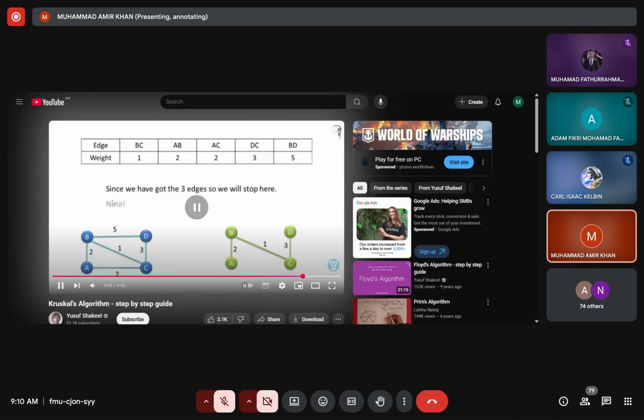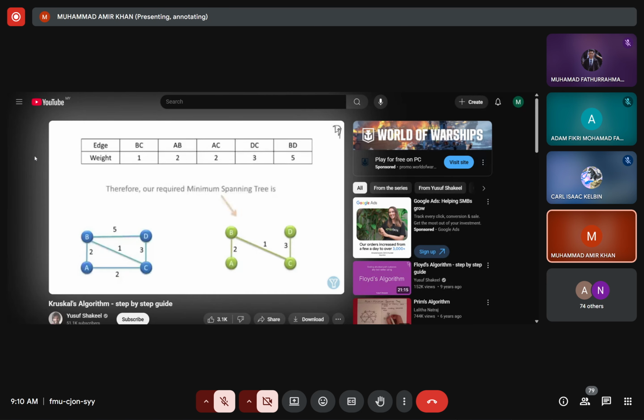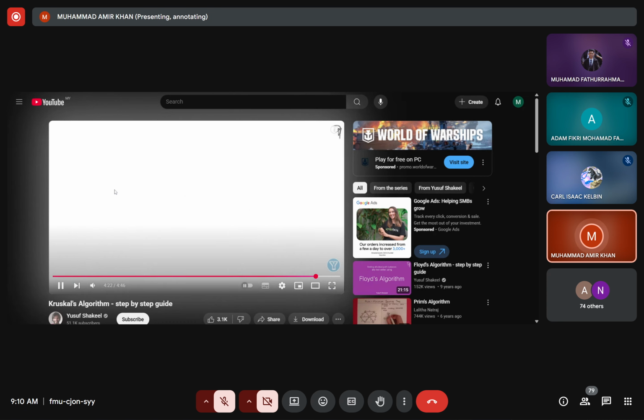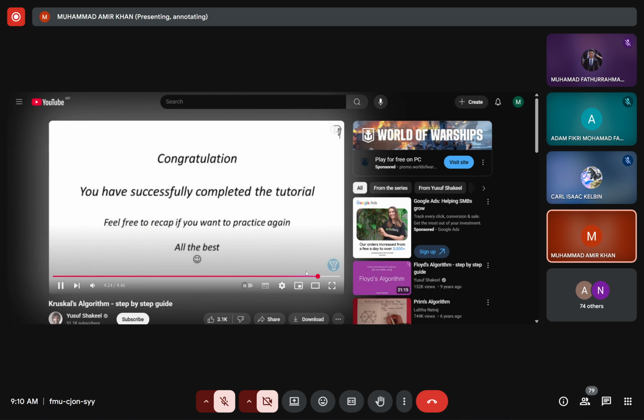Since we got 3 edges, 1, 2, 3 edges, we stop. Our graph has 4 vertices, so the MST will have 3 edges. So this is our required minimum spanning tree.